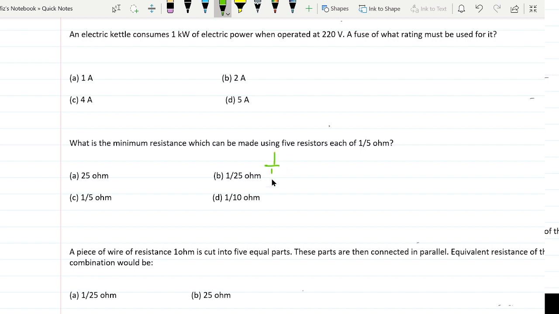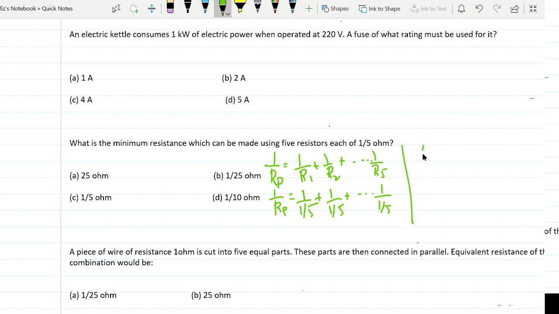So now let us use the parallel combination of resistors. We have 5 here: 1 by R1 plus 1 by R2 plus so on up to 1 by R5. The value of each is 1 by 5, so 1 divided by 1 by 5, plus 1 divided by 1 by 5, so on up to 5 times. Now you take the LCM.